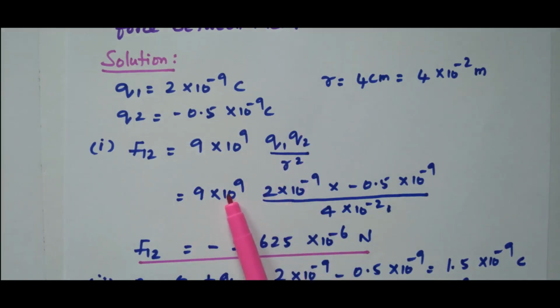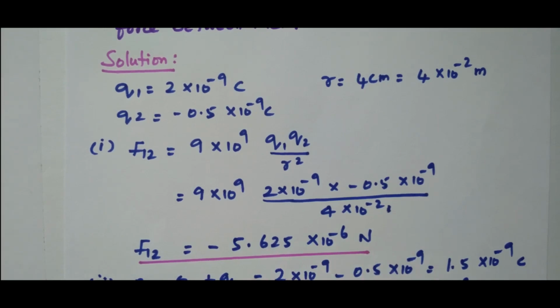So 9 into 10 to the power 9, Q1 value 2 into 10 to the power minus 9, Q2 value minus 0.5 into 10 to the power minus 9, divided by 4 centimeter, that is 4 into 10 to the power minus 2, converting into meter. So what we got: minus 5.625 into 10 to the power minus 6 Newton.